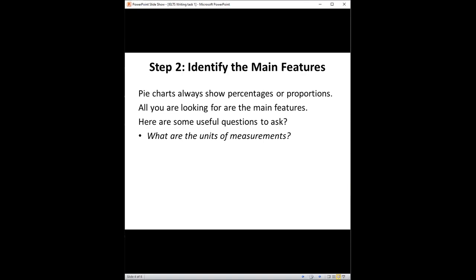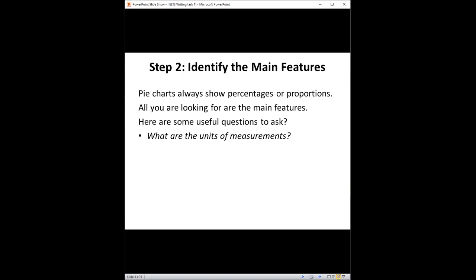All you are looking for are the main features. They will usually be the easiest things to spot. There will be lots of information in the graphics to help you identify them. And I have some useful questions to identify the main features.